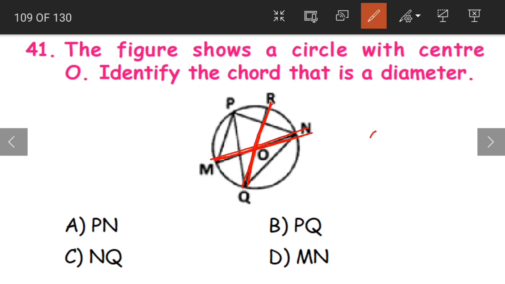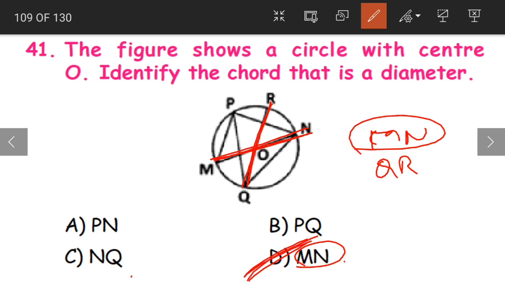So the chords MN and QR become the diameters of the given circle, and from the given options we have only MN, so MN becomes our correct answer. But apart from MN, QR is also the diameter of the given circle, children.